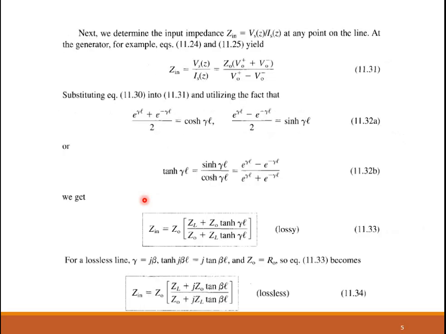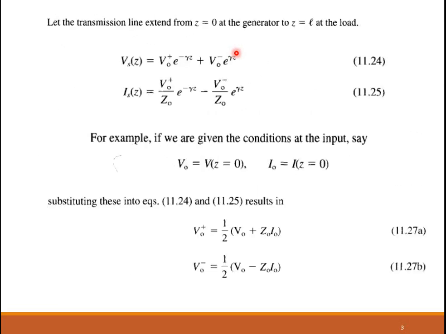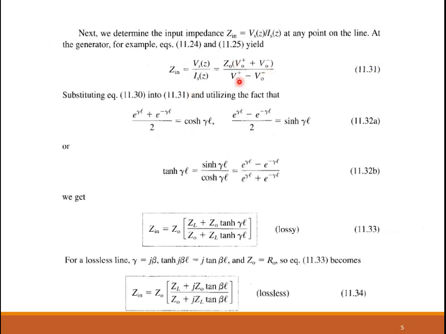Now, what do we have to find out? We're doing all this to find an expression for the input impedance Zin. So Zin is basically Vs by Is at any point. So for this Vs and Is, I'm substituting from 11.24 and 11.25. And when you substitute that here, you've assumed that gamma is 0, so that e raised to term is not present.